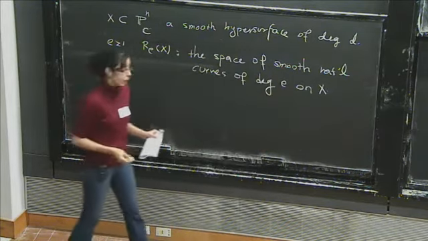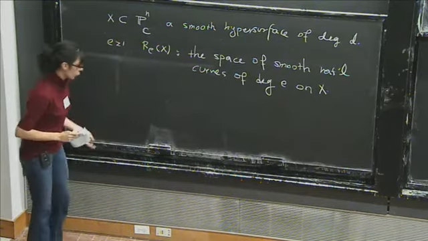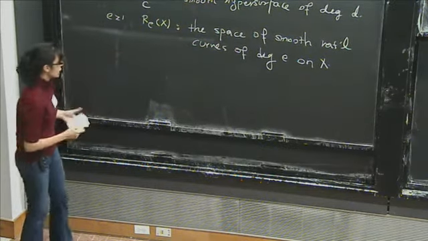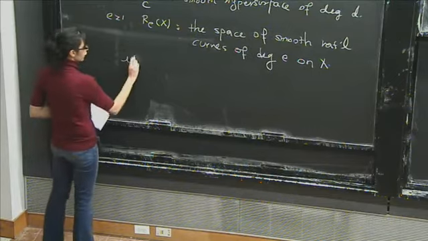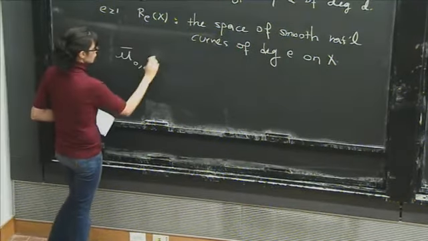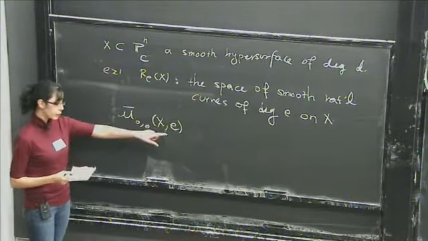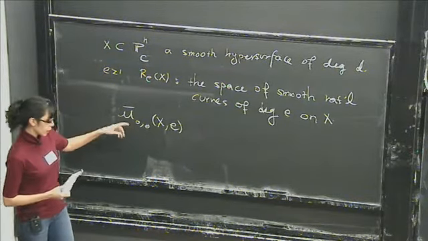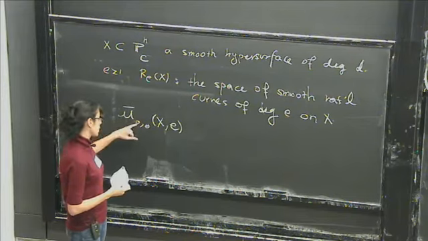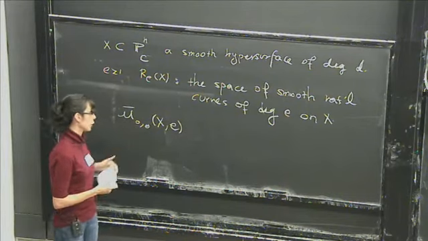And I want to compactify this space, so I do that inside the Kontsevich moduli space. So calligraphic M_{0,0}(X,e) is the moduli space of stable maps of degree e from an arithmetic genus 0 curve without any marked points.